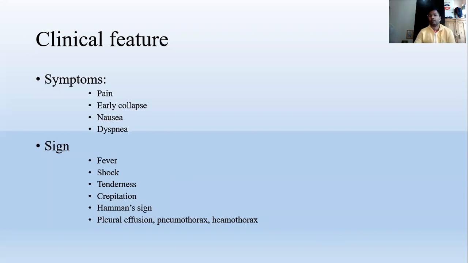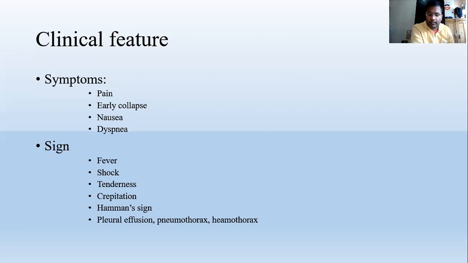These are the symptoms the patient may complain of. The signs include fever if mediastinal infection is there, shock, tenderness, crepitations, Hamman sign, pleural effusion, pneumothorax, and hemothorax. So these are things you can find in any patient with perforation.